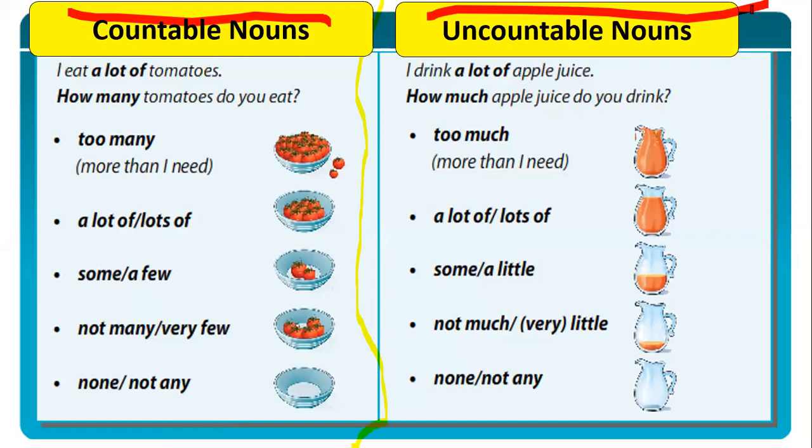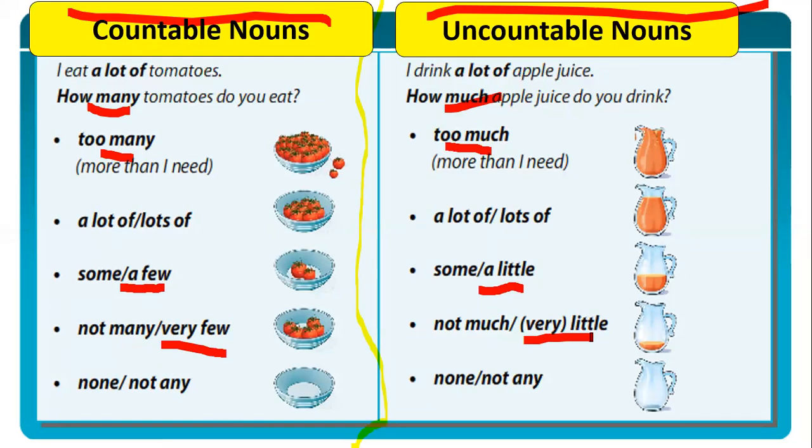Now, the principal difference would be this: many, much, too many, too much, a few, a little, very few, and very little. The things that I put in red are the principal words that are different.